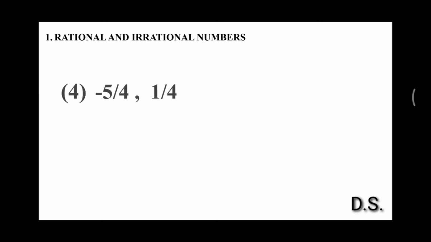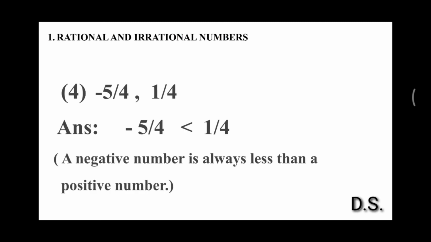Here we see one number is negative and the other number is positive. And you know, a negative number is always less than a positive number. That's why minus 5 by 4 is less than 1 by 4. Remember, minus 5 by 4 is smaller, so the tip of the arrow is pointing towards the negative number minus 5 by 4, that is the smaller number.